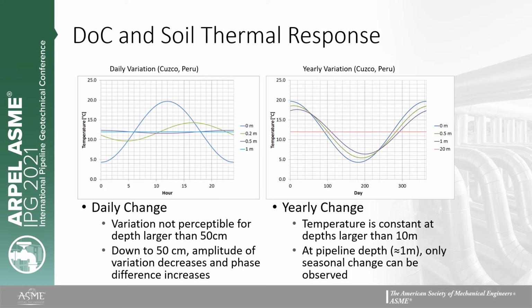At the pipeline depth, we see changes, but it's the seasonal change. So by using this observation, that there is a temperature change that can be observed at the pipeline depth, we can probably make an estimation of the depth of cover as soon as we have less than 50 centimeters on top of the cable.